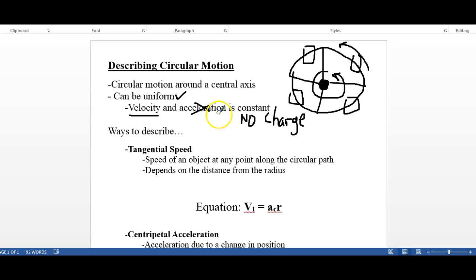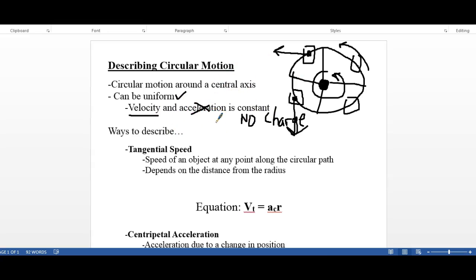But there's more than one type of acceleration. Another type is where this car on the Ferris wheel has velocity going this way at one point, but later the same car has velocity going this way. So there's a change in the direction of velocity, and that's where we get the acceleration.